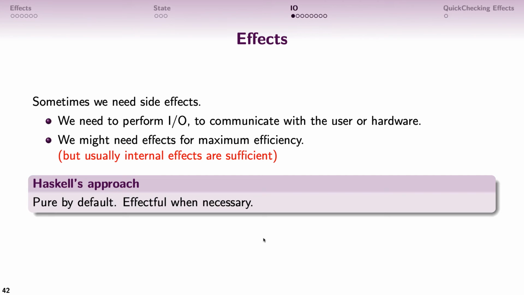So Haskell allows you to do effects, but it does so in a very compartmentalized way. The approach is pure by default. All of the pure functions that we've been dealing with are still pure, and we keep them separate, and we have this special effectful zone where we compartmentalize all of the effectful parts of the program.